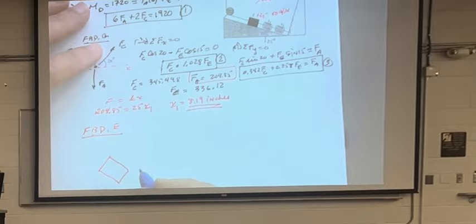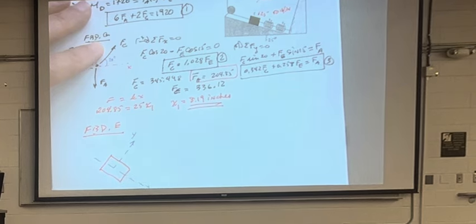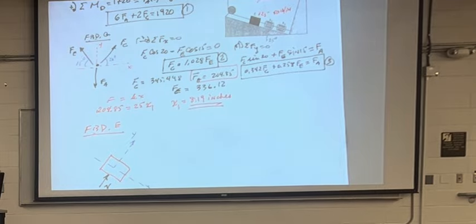What do we say about coordinate system for a block on an incline? Tilt the coordinate system, makes life much easier. Here's y. Here's x. On here, I'm going to put in my normal force, which part B said, find me the normal force.